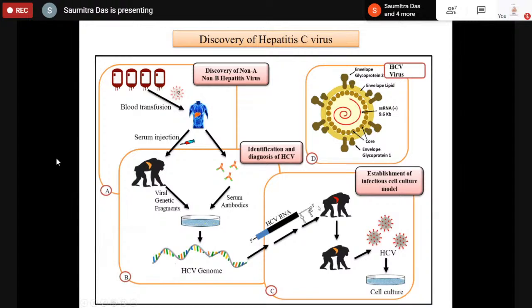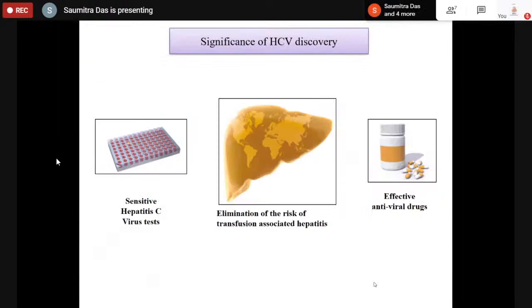Then Charlie cloned it, expressed this RNA in vitro, infected a chimpanzee, and showed that the chimpanzee came down with the disease. Not only that, you isolate the viral RNA from the chimpanzee, and you can show that viral RNA can grow in a cell culture. This was the path that the whole hepatitis C research progressed along from 1989 till 1997.